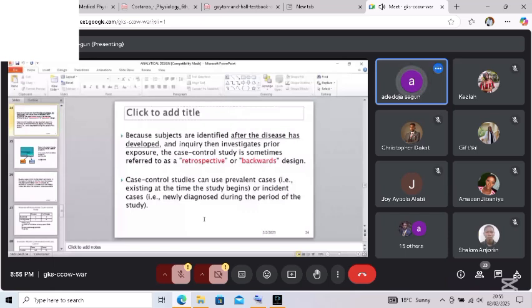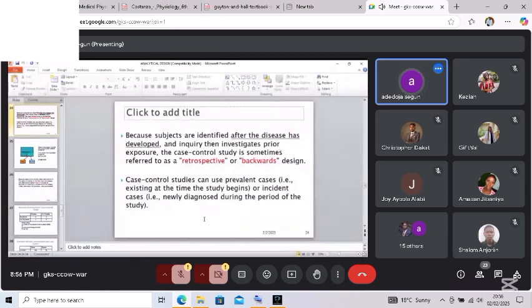Do you take a balanced diet? What happened in the past, not now? Then we also get controls from the same area where we get our cases, and we ask the same questions. From there, we come up with our findings.